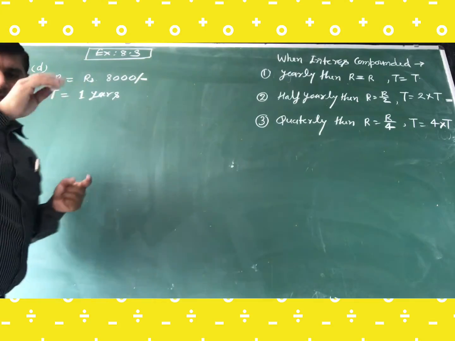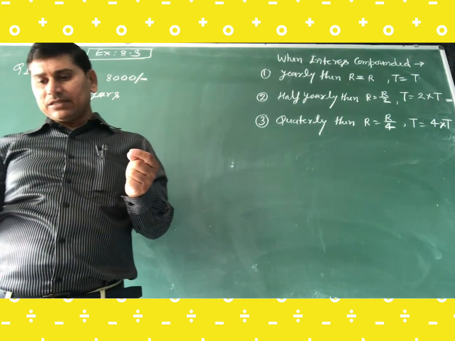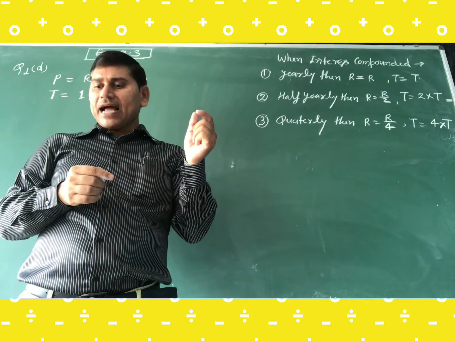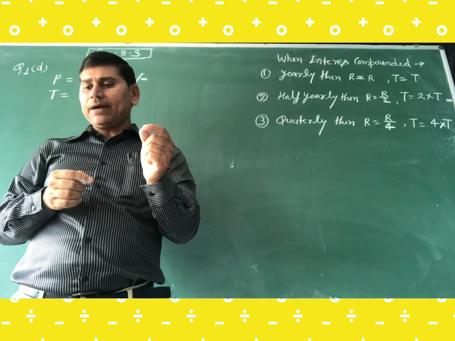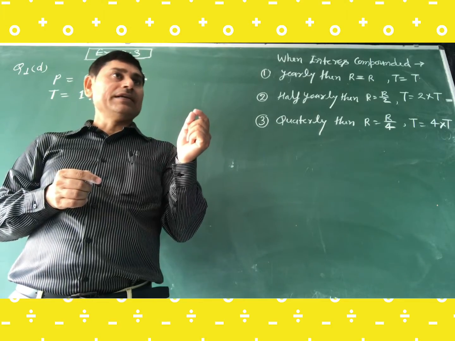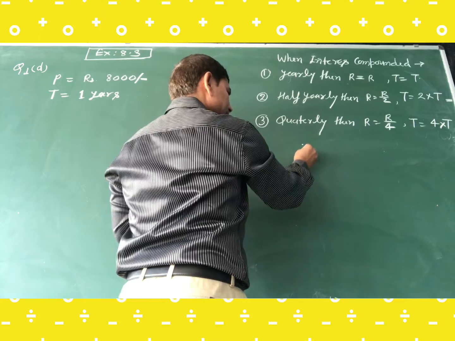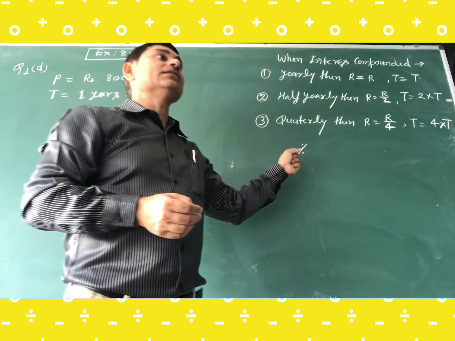Next, rate percent. It is given that it is 9% per annum. When you get the percent symbol in the question, you can say that this is the rate.